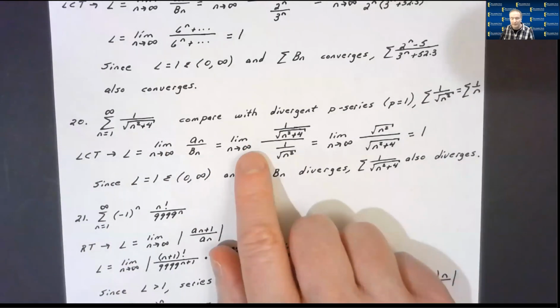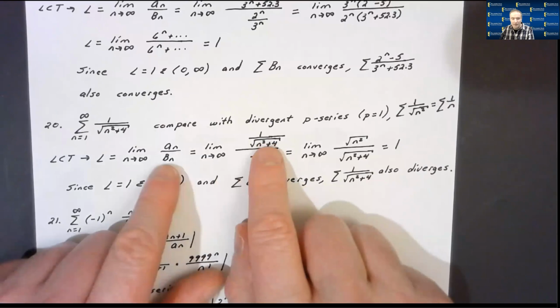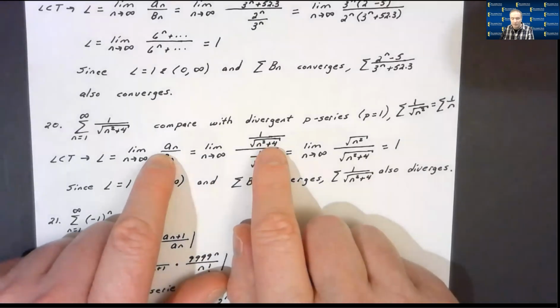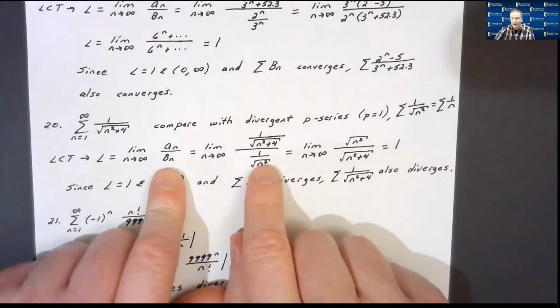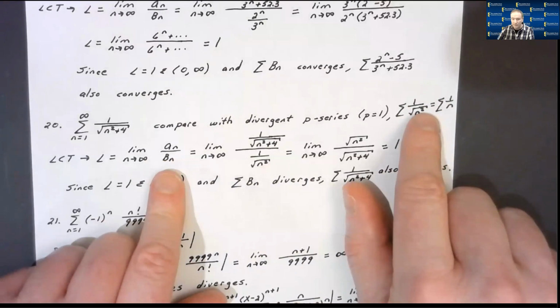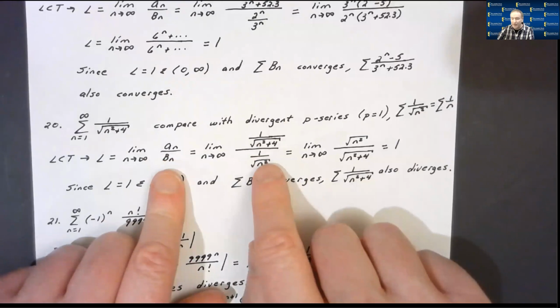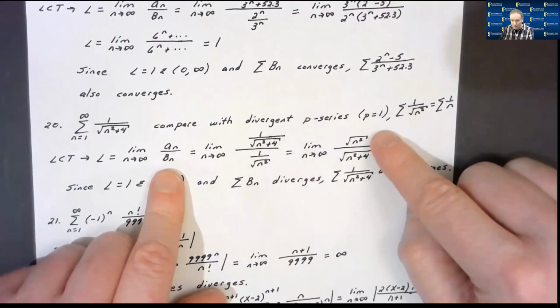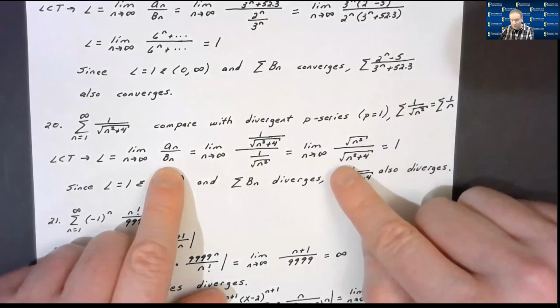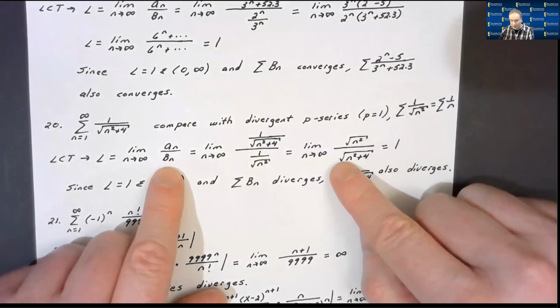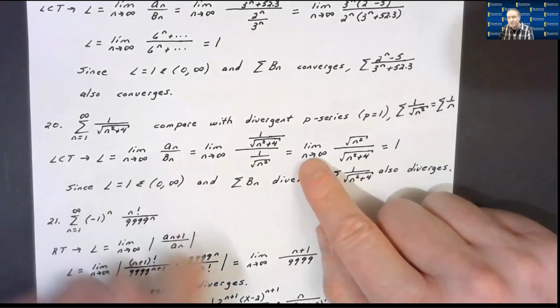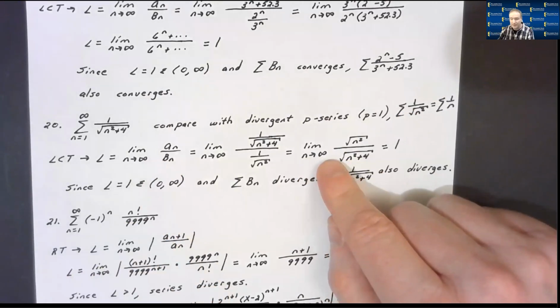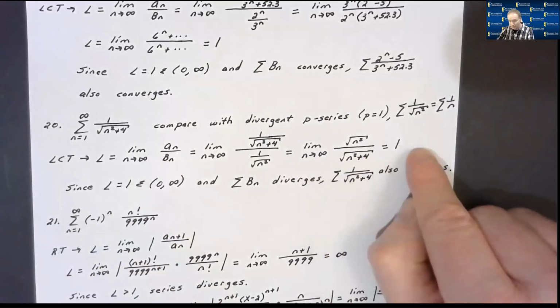So that's the limit as n approaches infinity of 1 over the square root of n squared plus 4, divided by, and I just wrote it as 1 over the square root of n squared. Whenever you divide by a fraction, you multiply by its reciprocal. That gave me a square root of n squared in the numerator, and of course, the square root of n squared plus 4 in the denominator.